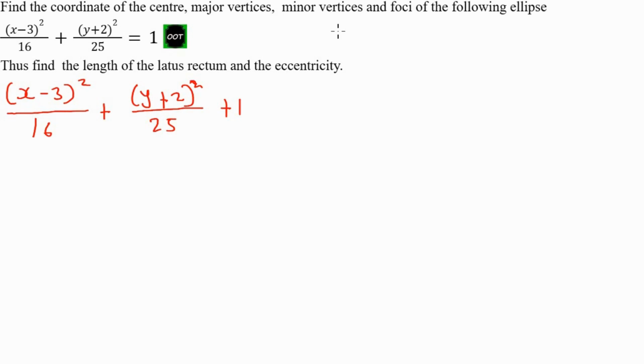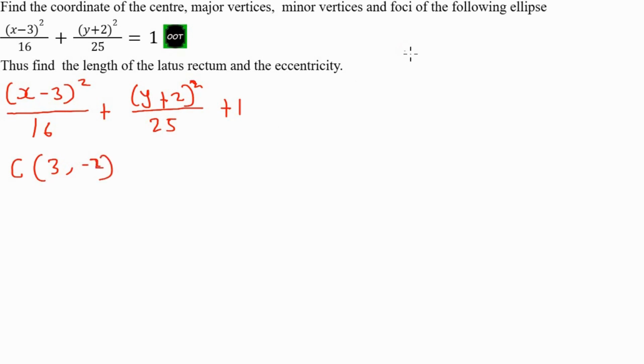Am I communicating? Perfect. So now to get the coordinate of the center, C, like I said, take the value along the x path that is attached to x, and the value attached to y, alternate their signs, put it inside, and that's all. So that will be 3, minus 2.